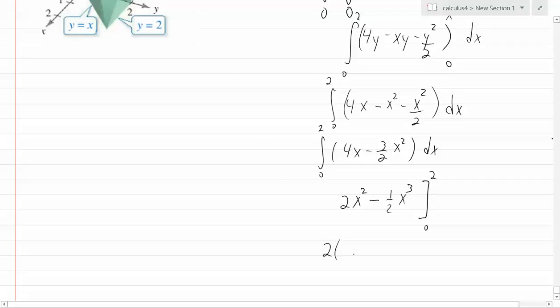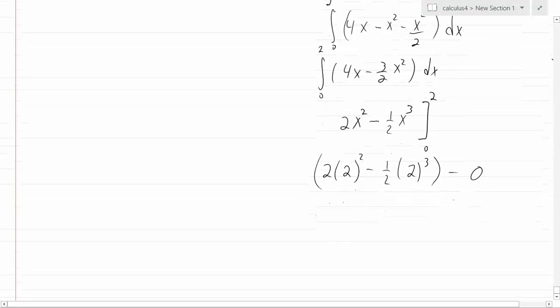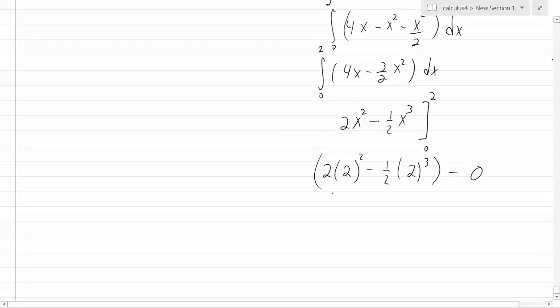Alright, so this is 2 times 2 squared minus 1/2 times 2 cubed minus 0 and 0. 2 times 2 is 4 times 2 is 8 minus 1/2 times 8. Well, that's got to be half of 8. But that is 8 minus 4 is 4.